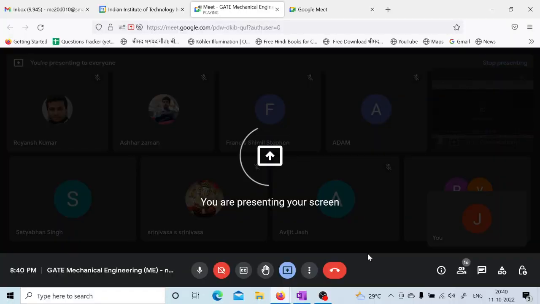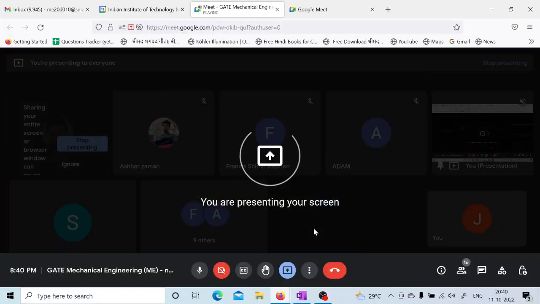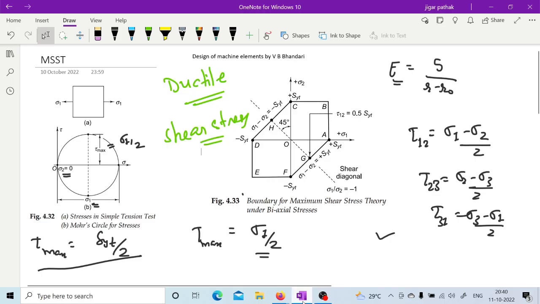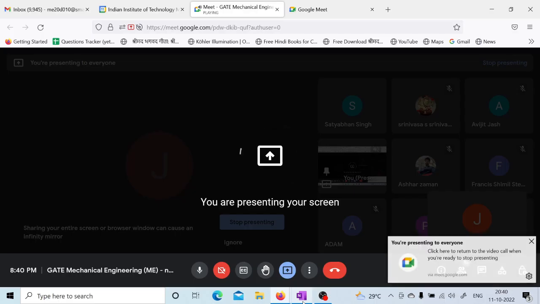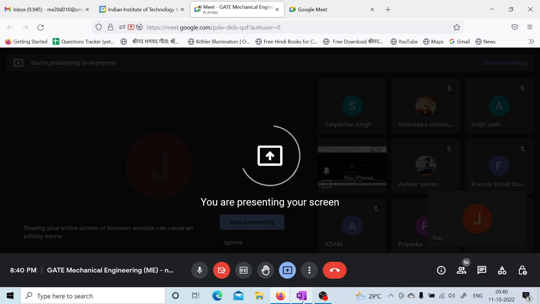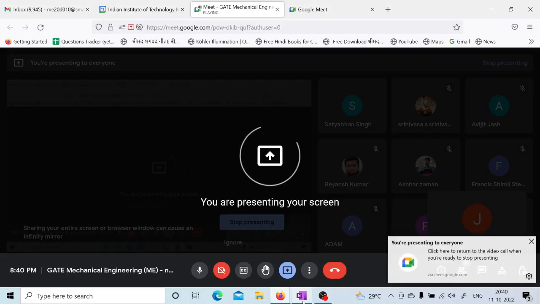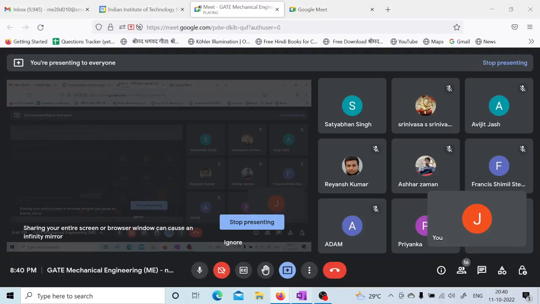Just a question, sir, this shear diagonal, can we utilize it for something? See, that is going to help us in finding the point, because it will be the outermost point in that particular region in those quadrants. Can you see my screen? Yes, sir.